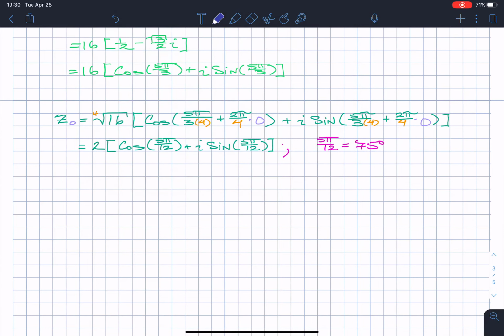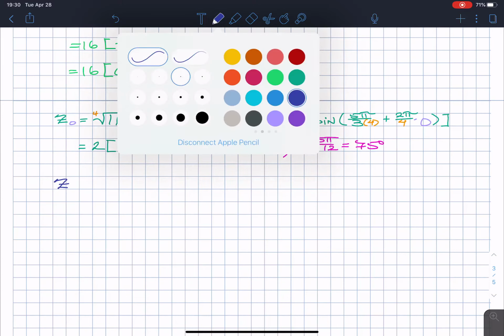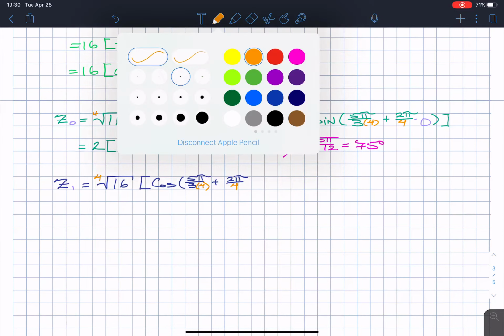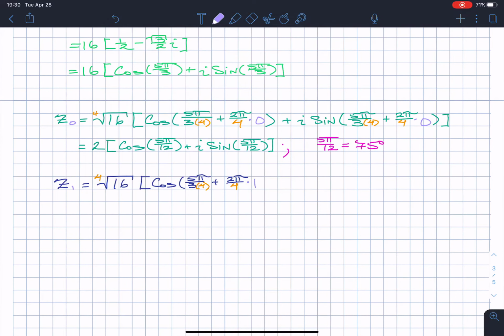Okay, what should I do now? Let's do z sub 1. So this is once again going to be the 4th root of 16 times cosine of 5 pi over 3 divided by n plus 2 pi divided by n, where n in this case is 4, and the subscript in this case is 1, plus i times sine of that same argument.